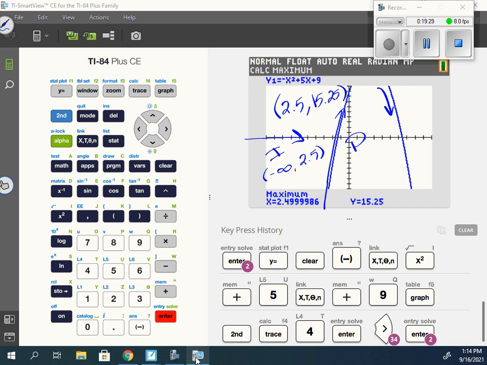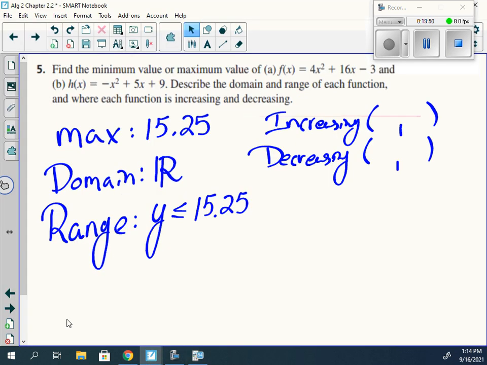And then it's going to change to decreasing from 2.5 comma infinity. And that's it. That's all we have to do for this here. So it's increasing from negative infinity to 2.5, and it's decreasing from 2.5 to infinity.